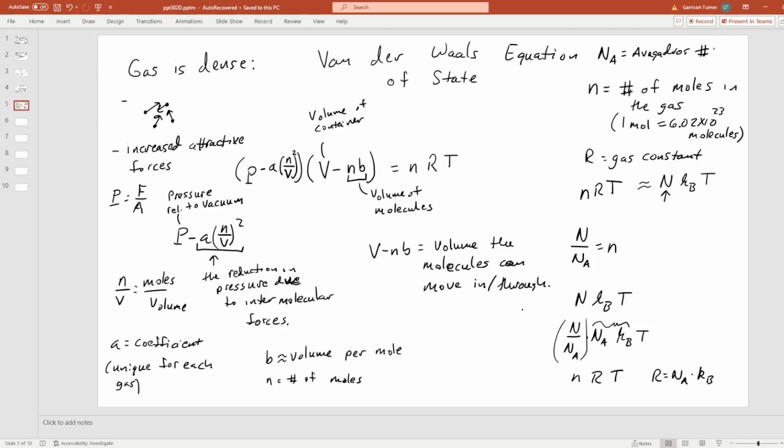Okay. And so this equation is still not the end of the story. This is still an approximation. But it is a darn good approximation.